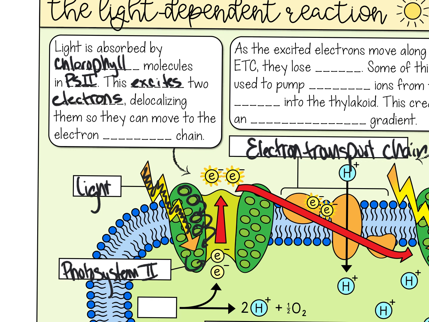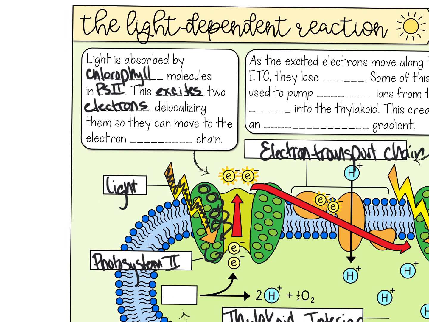And when electrons get to an excited state, they get the energy and release it. And so this right here is the part in which we convert sunlight energy into chemical energy. And so, delocalized, the electrons can move down the electron transport chain.